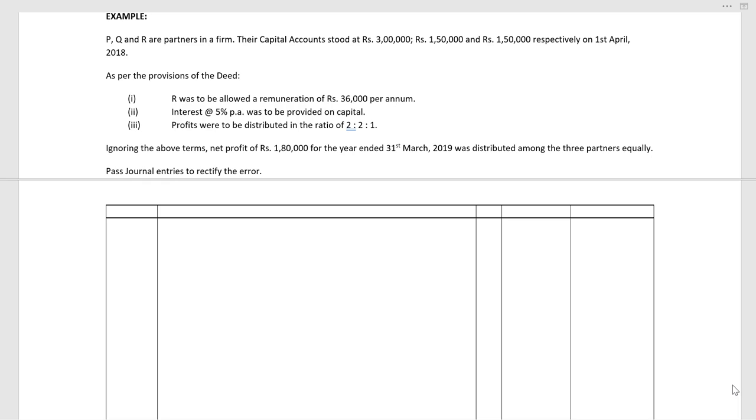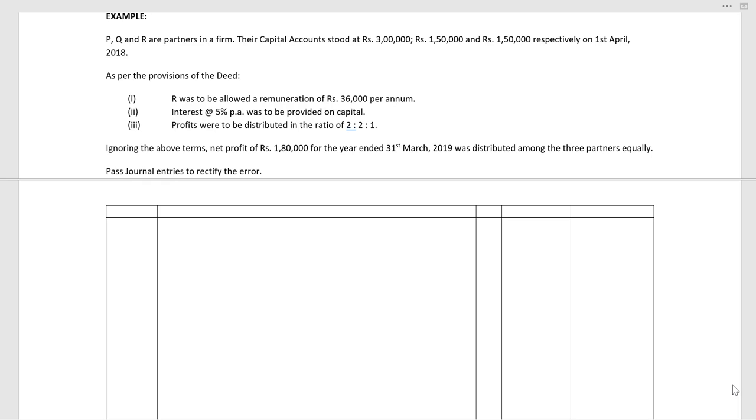On going through the problem, we find the first error is that the net profit of 1,80,000 has been distributed in the wrong ratio, which is 1:1:1. It is supposed to be distributed in the ratio of 2:2:1. That is the first mistake. The second mistake was R was not given his remuneration of rupees 36,000 per annum.